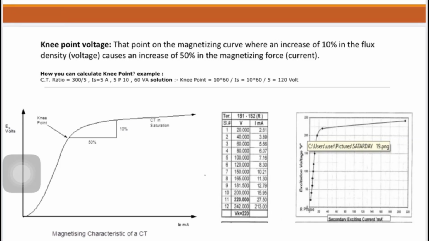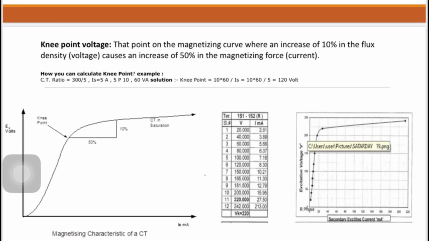On the right side we have a test result. Here the knee point voltage is around 220 volts. Depending on this knee point voltage, we can identify which core it is. Normally the metering core will have a lower saturation, knee point voltage level.